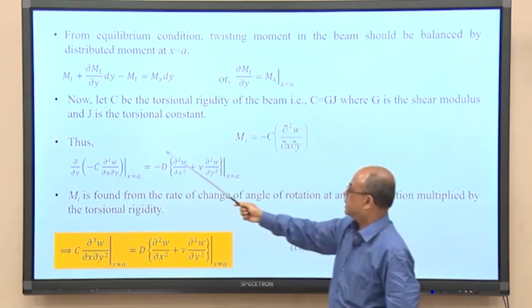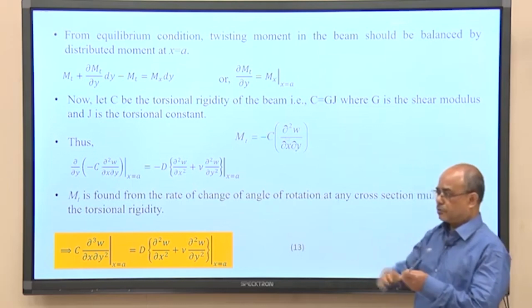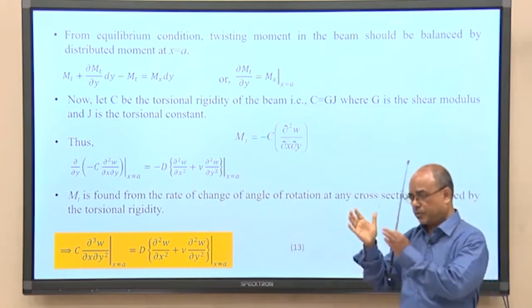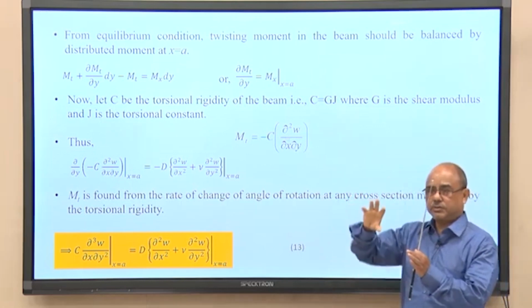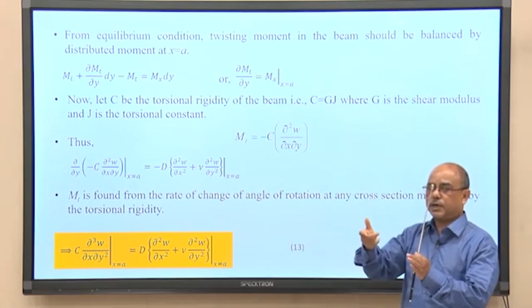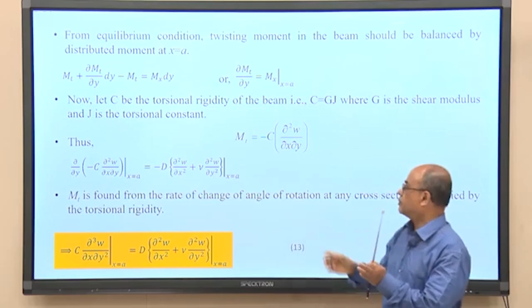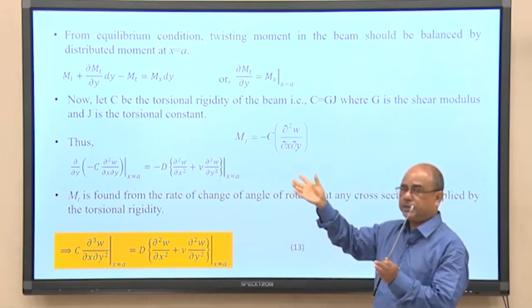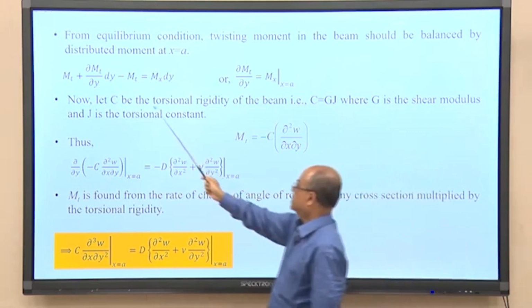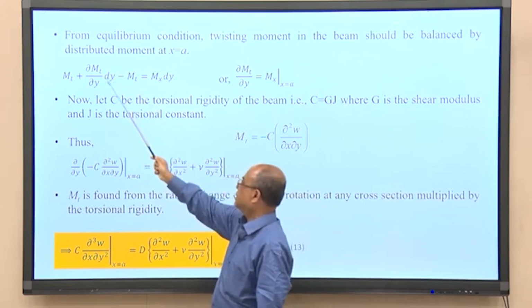So, the bending moment expression is known here, and we have equated this to the torsional moment or torque of the beam. How is it evaluated? For example, at one end of an element of the beam, the torsional couple is Mt. At a distance dy, the torsional couple will be Mt plus dMt/dy times dy.